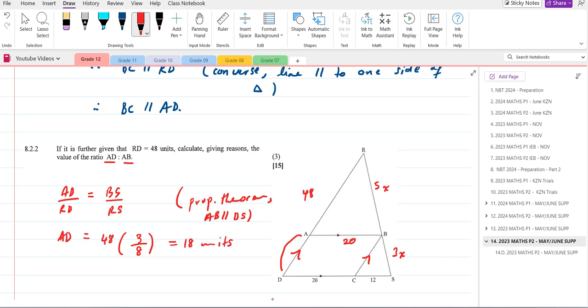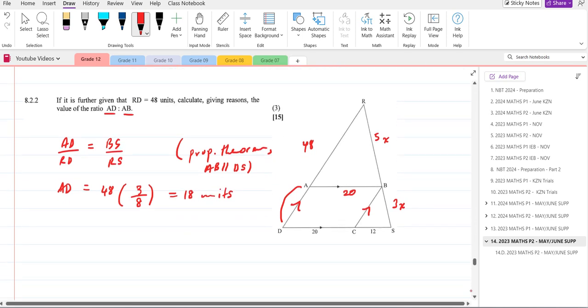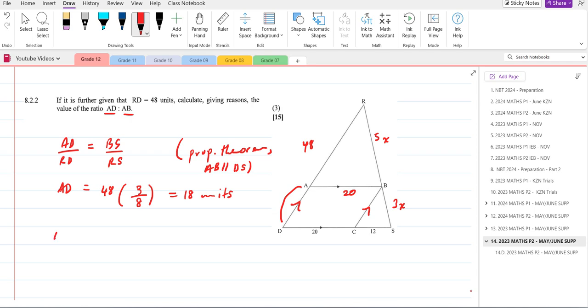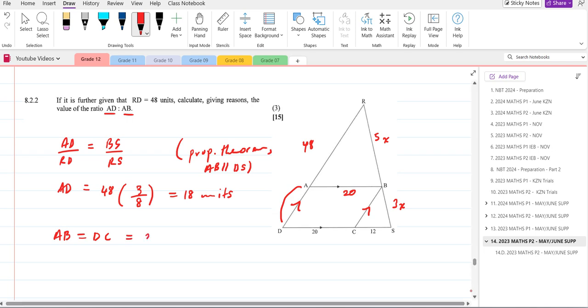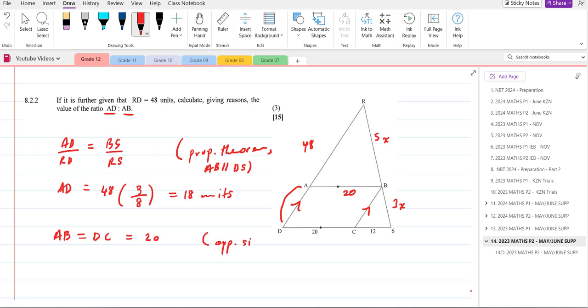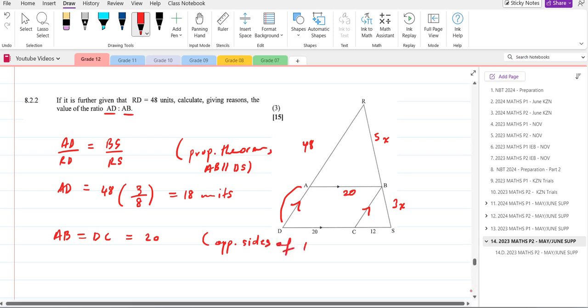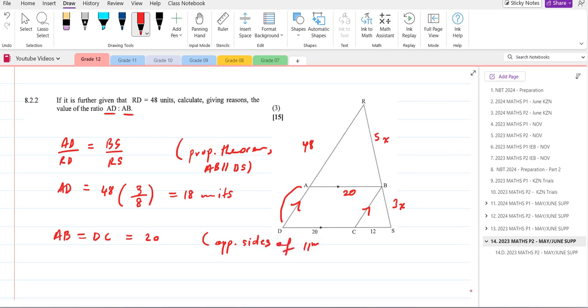18 units. Now we can say AB is equal to DC, which is equal to 20, because opposite sides of parallelogram ABCD. Right, so far it's good. Opposite sides of parallelogram ABCD.